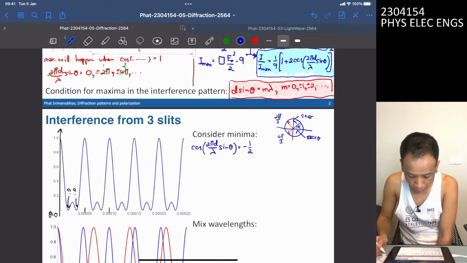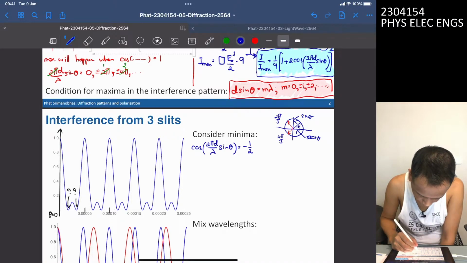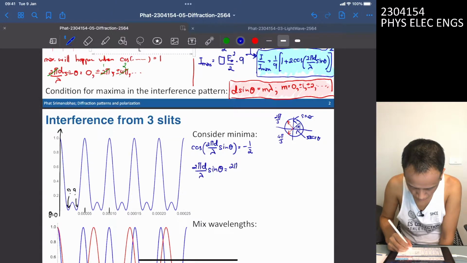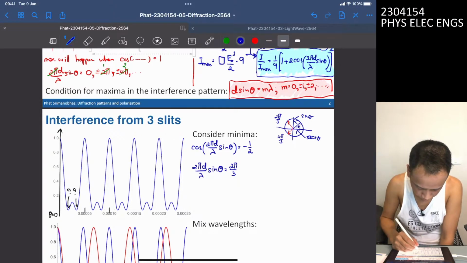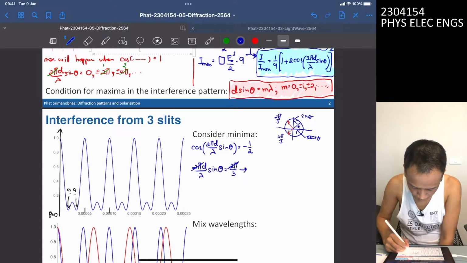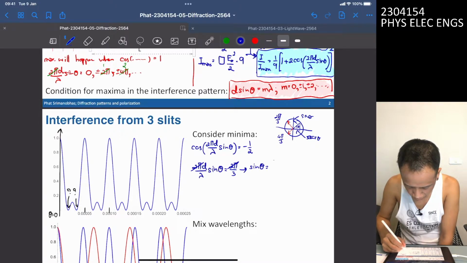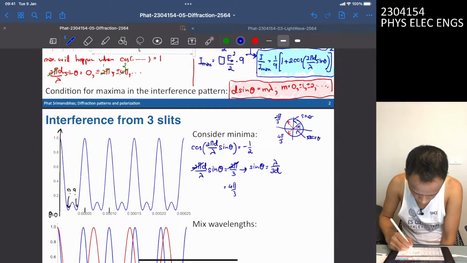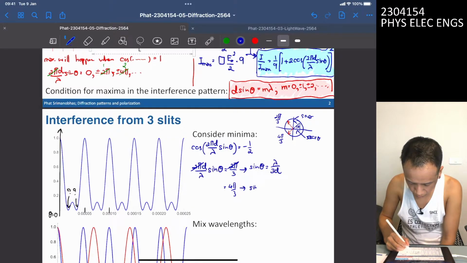So you get 2 pi d over lambda sine theta equal to 2 pi over 3. You cancel 2 pi, so sine theta equals lambda over 3d. And if it's equal to 4 pi over 3, you get sine theta equal to 2 lambda over 3d.